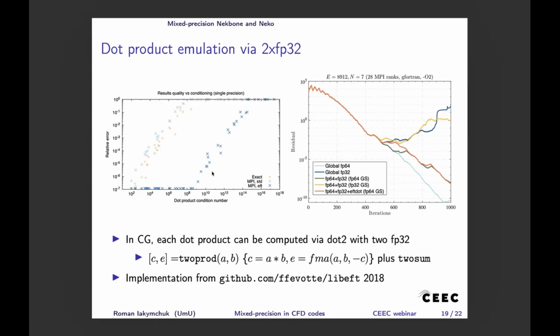So you see that in terms of accuracy, we can emulate double precision accuracy, and we implemented this mechanism called two product. We used the idea and some parts of the implementation from François Ferrot, and we can see that, in terms of this orange line, we are converging similarly to our winning strategy.